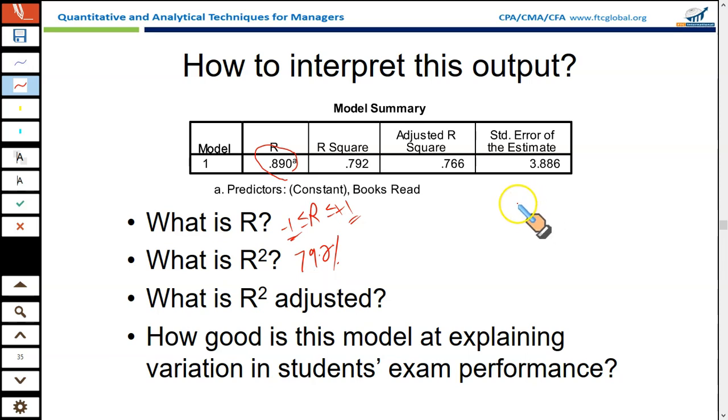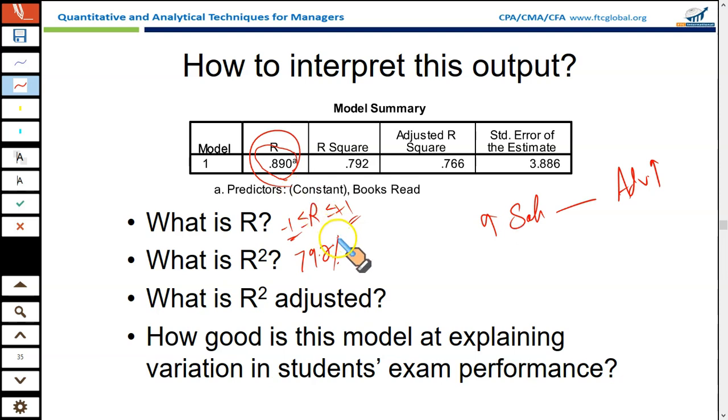Let's say I established a correlation between my sales and my advertisement spending, and I determined the R to be 0.89, which means advertisement and sales revenue are positively correlated, and there is a strong positive correlation. Fine. I would like to know how good a fit it is.